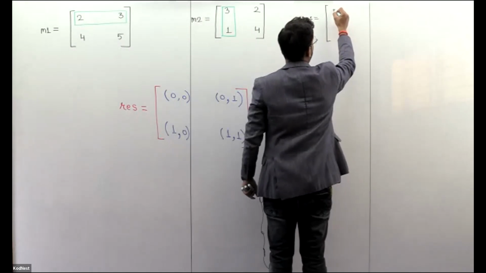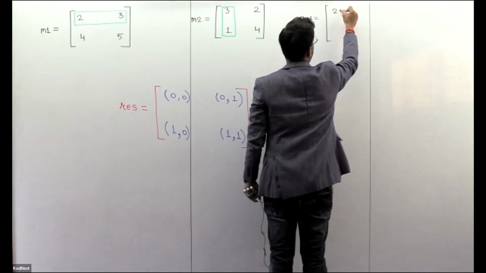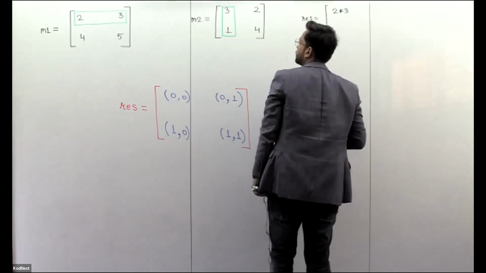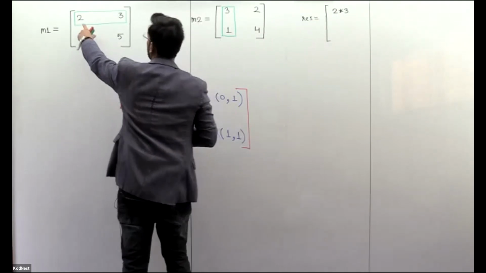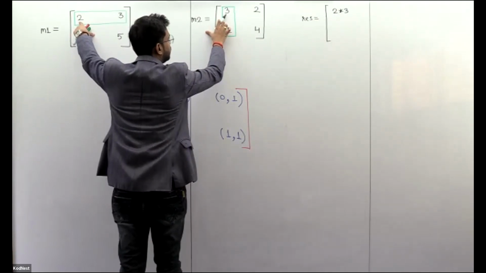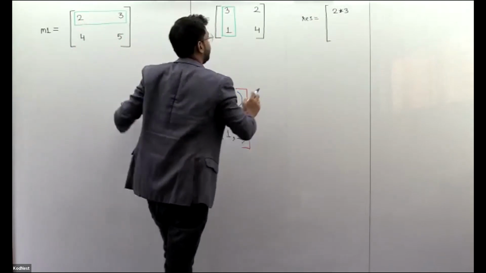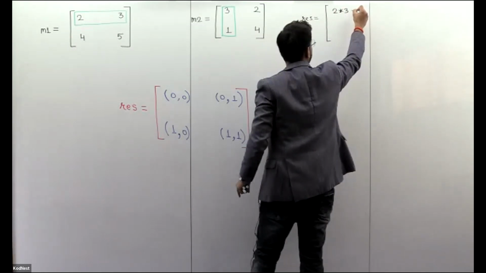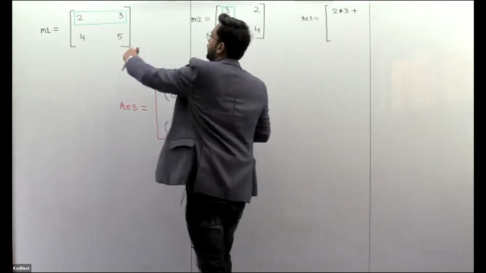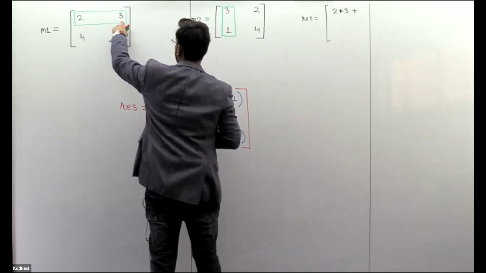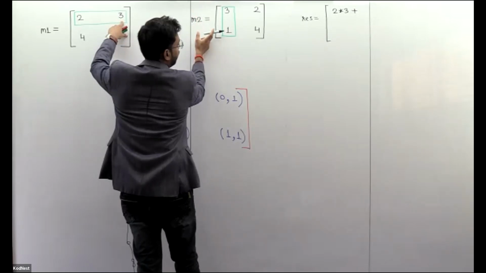So here I will write 2 multiplied by 3. After doing this, I will write plus, and then I will take this 3 and multiply with 1.